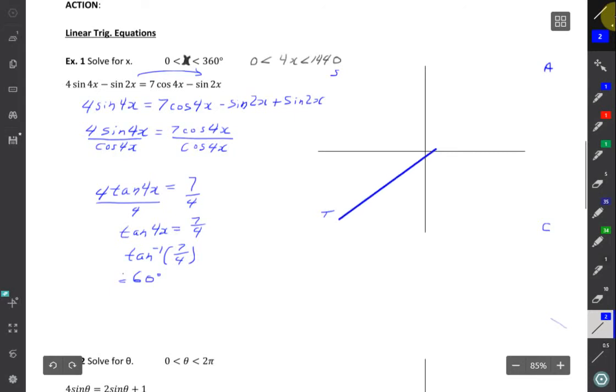I'm just going to draw a line right across there. Ideally, it would be about 60 degrees. And then I'm going to complete my triangles while I'm at it. They don't look quite the same size. So the related acute angle is 60 degrees.